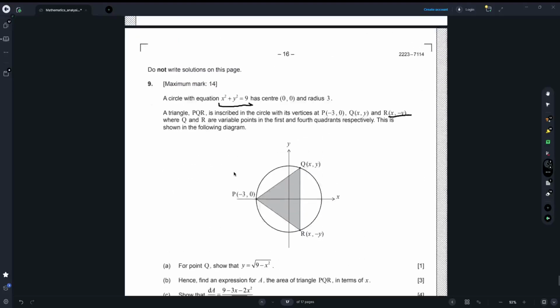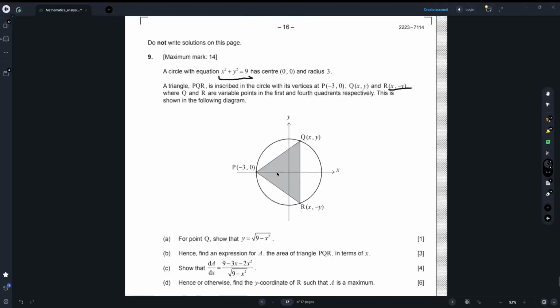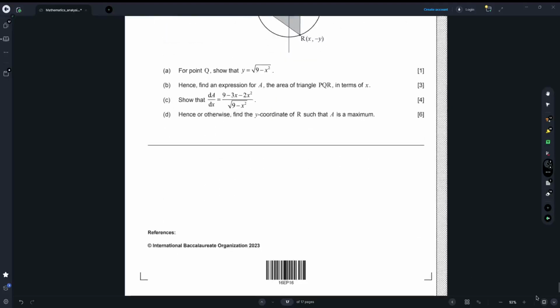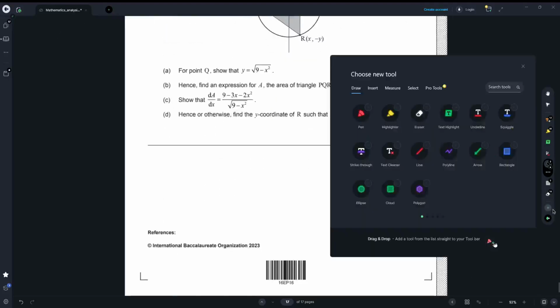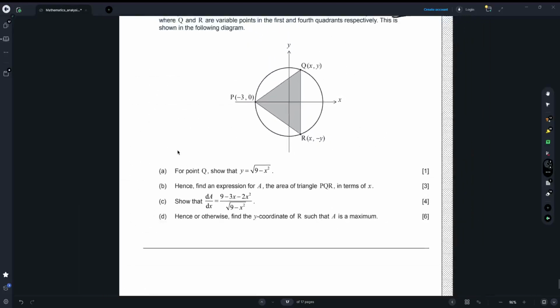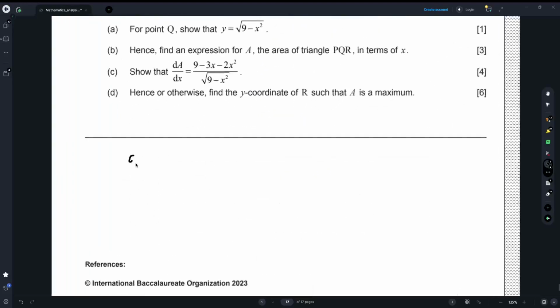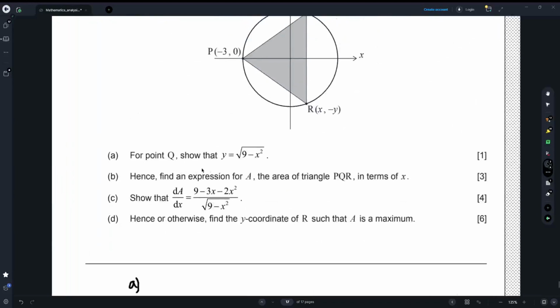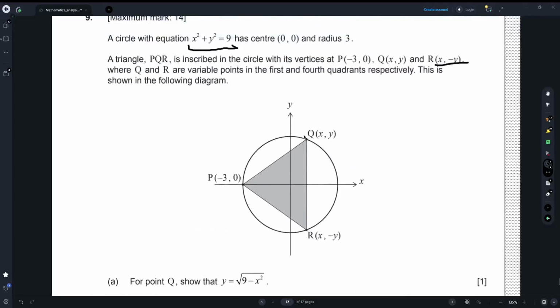So the first step to solving this here, let me see, can I add a new page here somehow? Nope, I don't think I can. Okay, I'll create a new one. But in this case, we just have to show that y equals root 9 minus x squared.